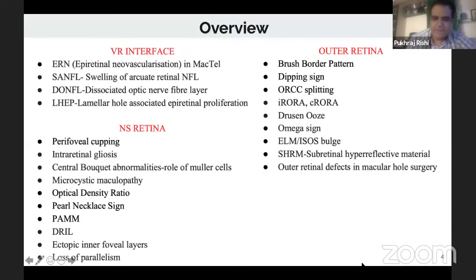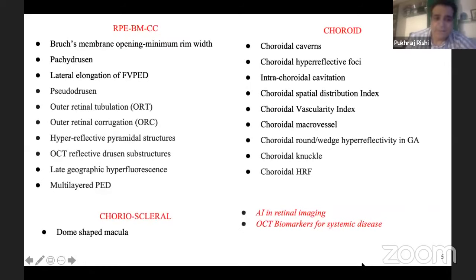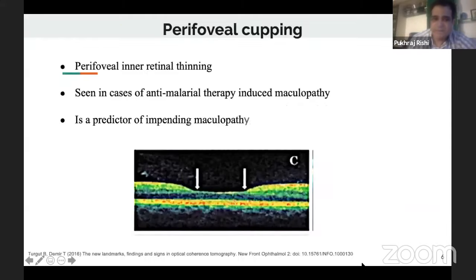And this slide shows a staggered view of those biomarkers at different anatomical levels, namely at the VR interface, within the neurosensory retina, at the outer retina, at the RPE basement membrane choriocapillaris level, at the choroidal level, at the chorioscleral junction, and then the applications of artificial intelligence and the biomarkers in systemic disease.